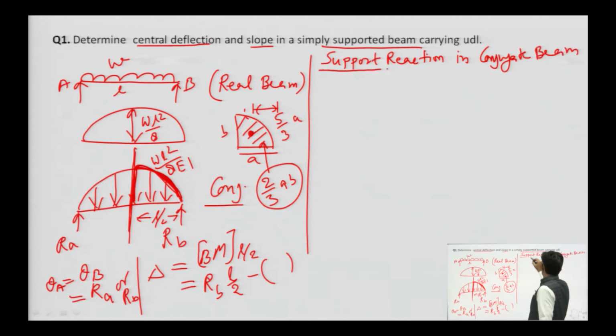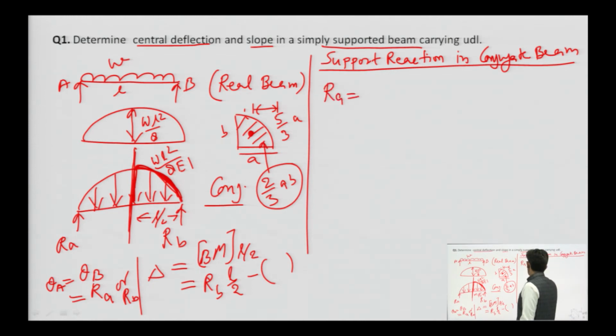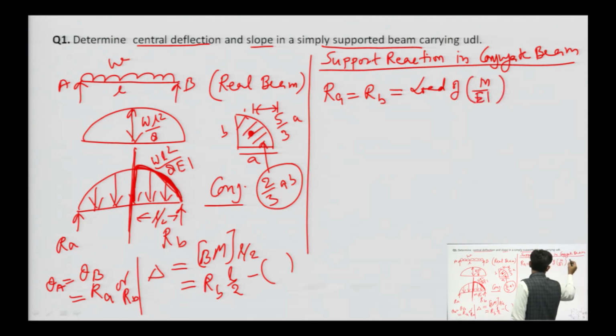That can be calculated very easily. RA equals RB is equal to the load of M by EI on the conjugate beam, due to symmetry.